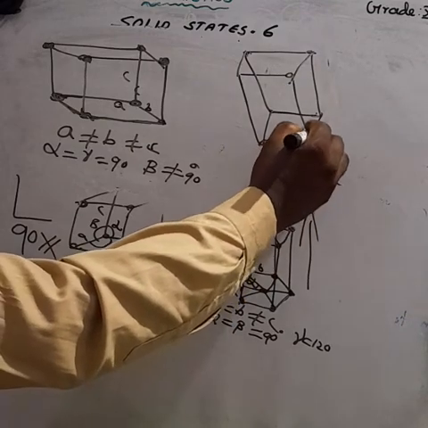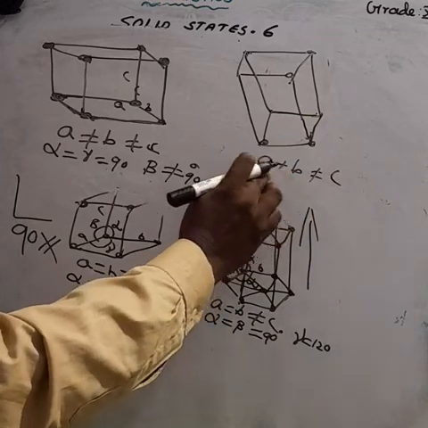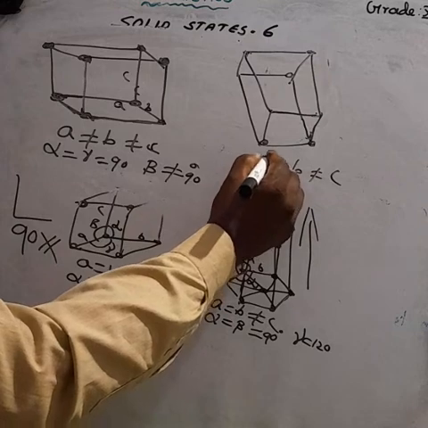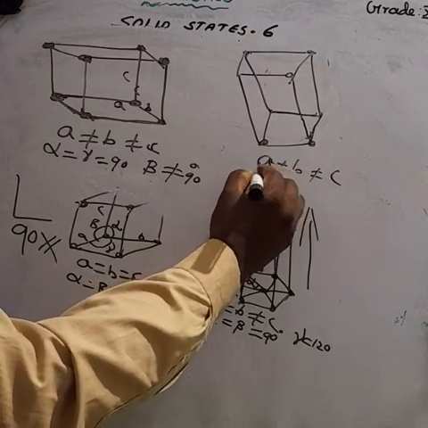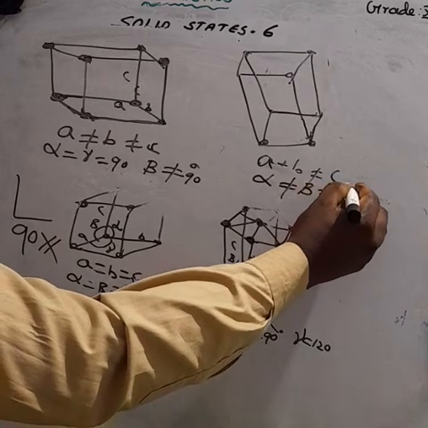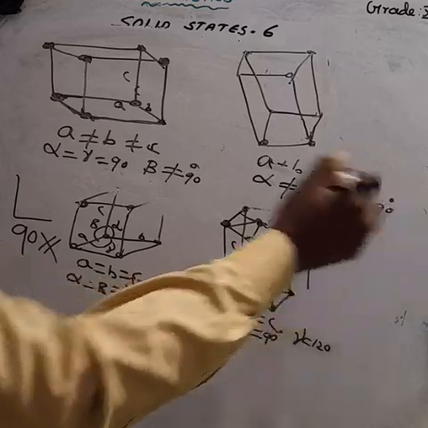There is a different length, different angles. Alpha is not equal to beta, beta is not equal to gamma, gamma is not equal to 90 degree.